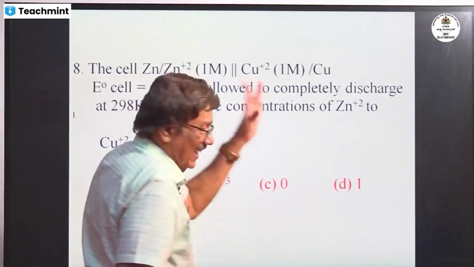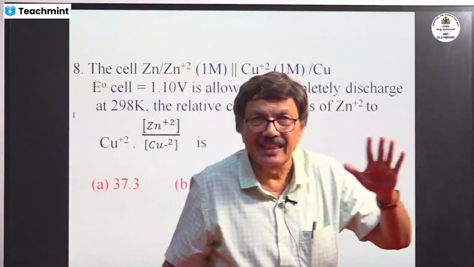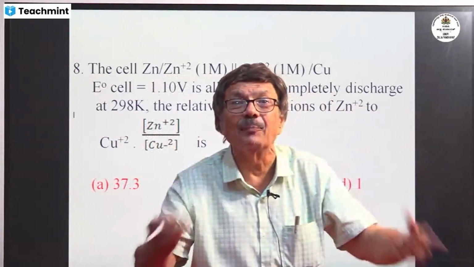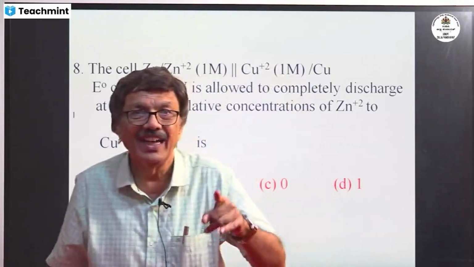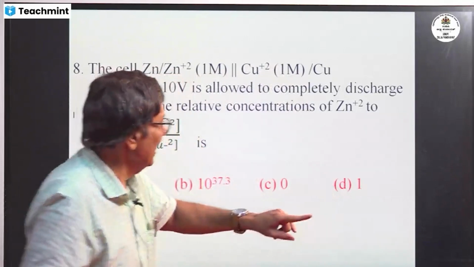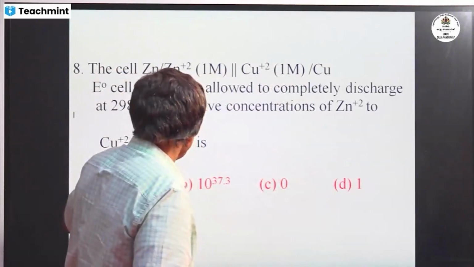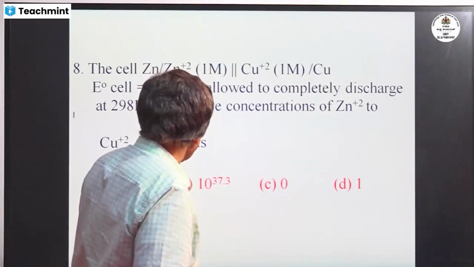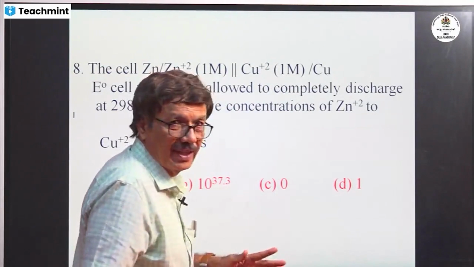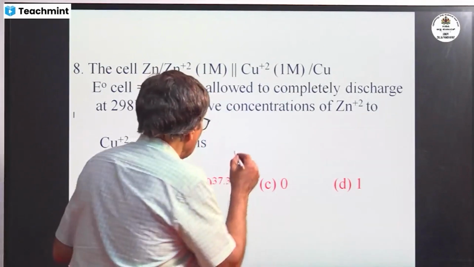The cell, again Daniell cell only. If it is allowed to discharge completely, what they are asking is, what is the ratio of concentration of zinc ion to copper ion? See here, again let me write.